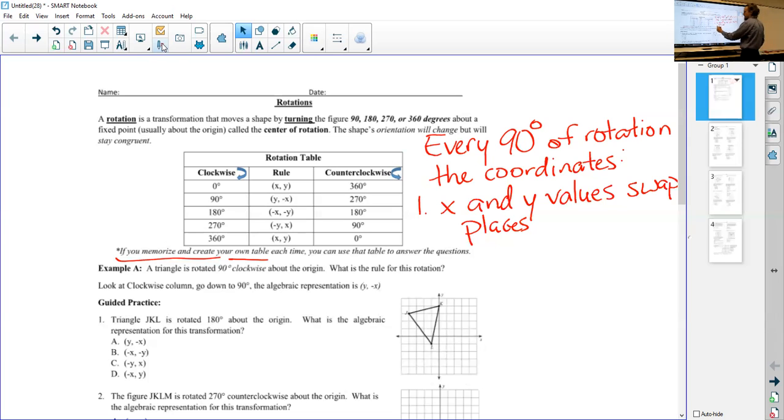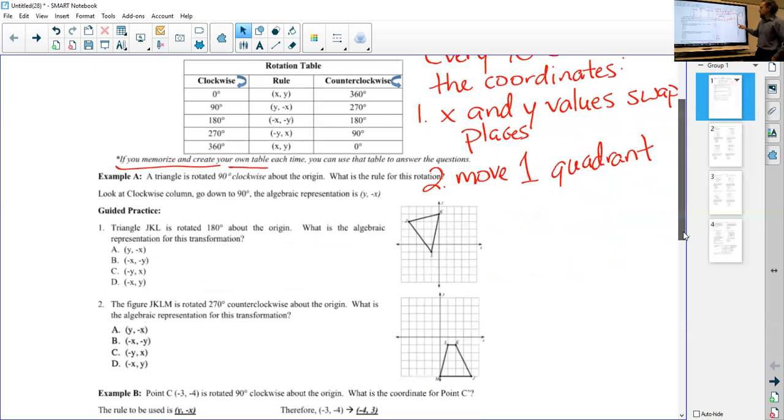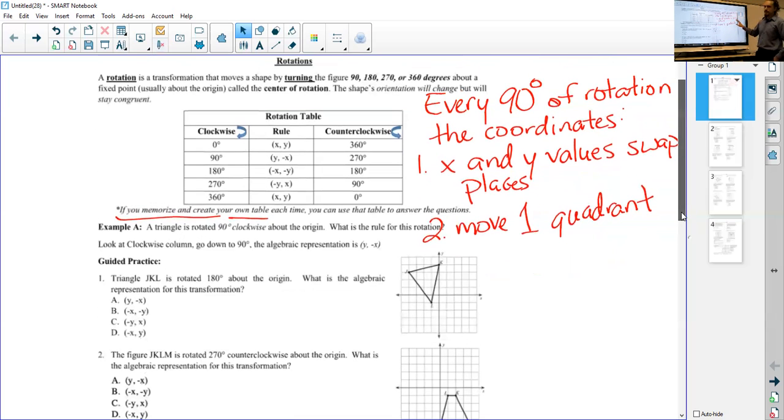The second part, every 90 degrees, the coordinates move one quadrant. And this is a much bigger deal. So every time we rotate something, every 90 degrees, it takes a point from one quadrant and sends it to the next.